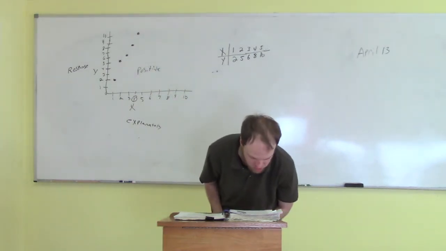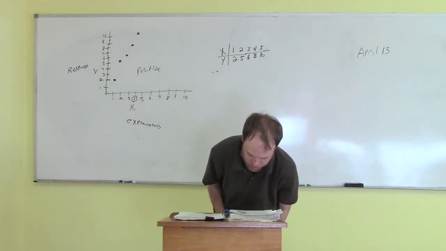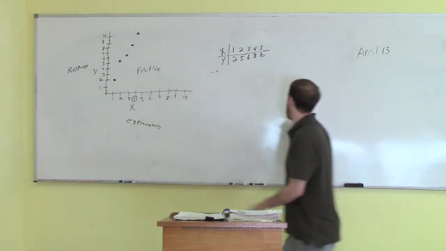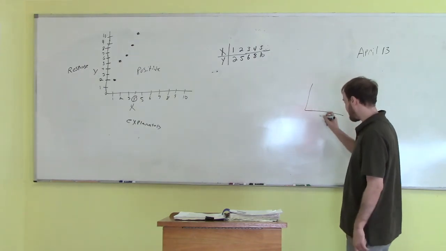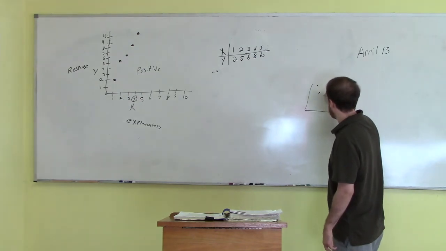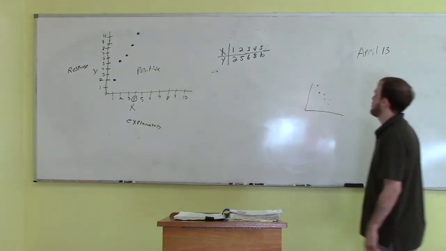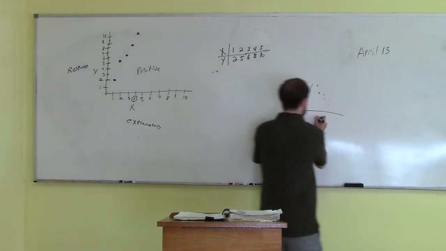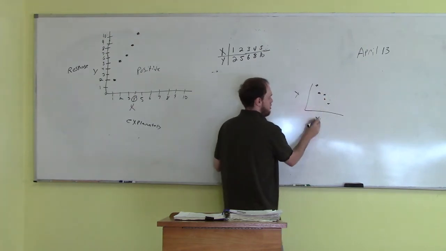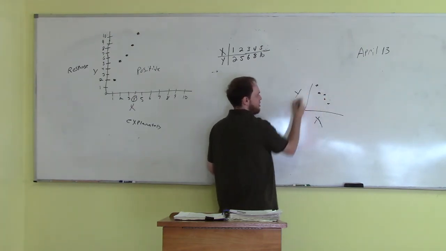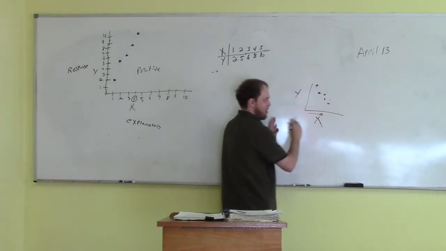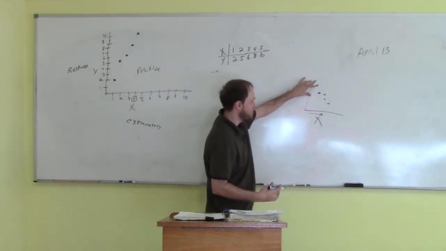Okay? A negative association occurs when an increase in the explanatory variable corresponds to a decrease. If I had a graph something like this, and I had it going down something like that, then notice as the x is getting bigger, as the x is increasing, growing, then notice the y's are decreasing.